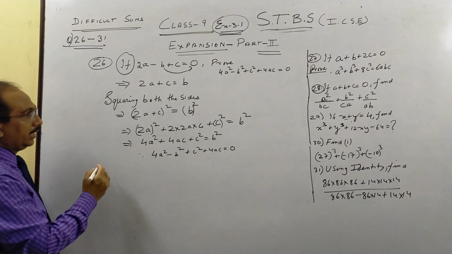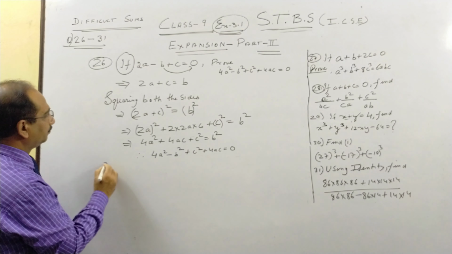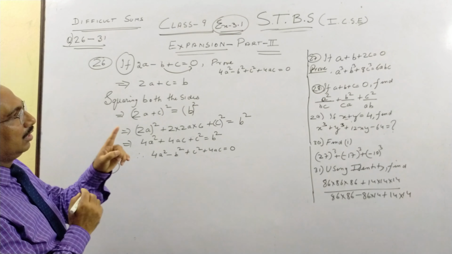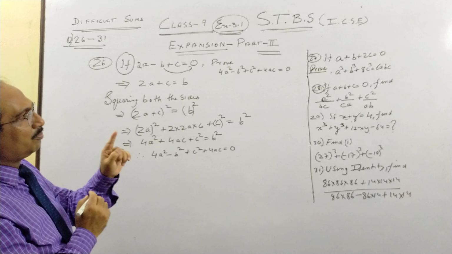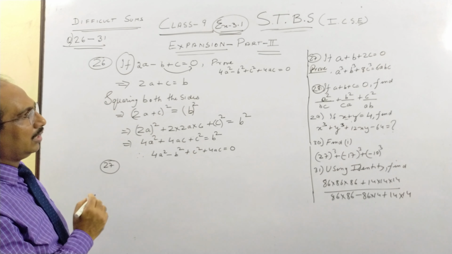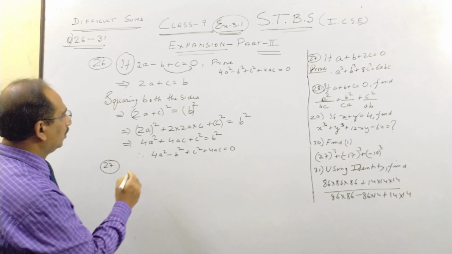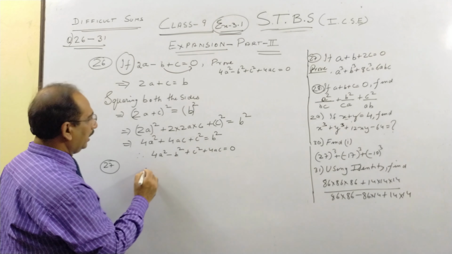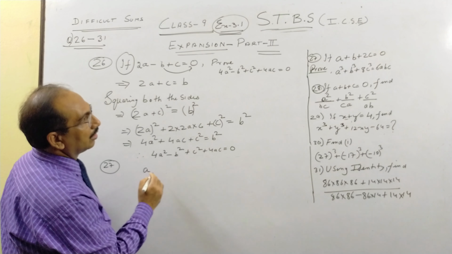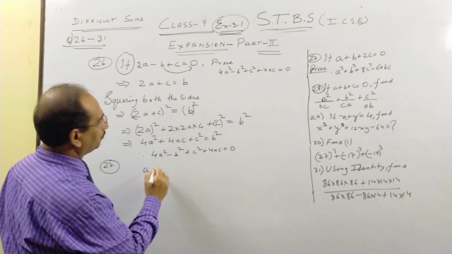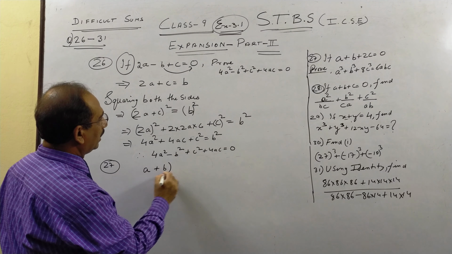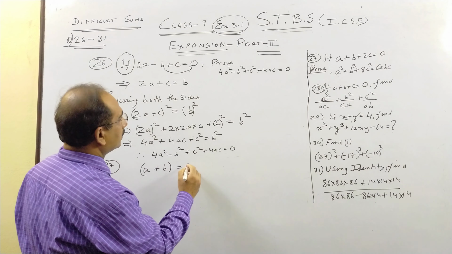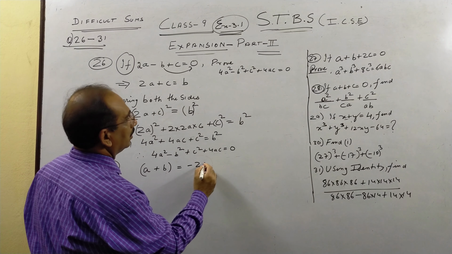So 27, you see, a very similar sum: a plus b plus 2c is equal to 0. So same way, what I will do, a plus b, I will keep it to one side and I'll take c to the other side.